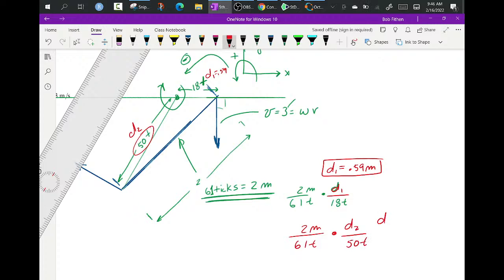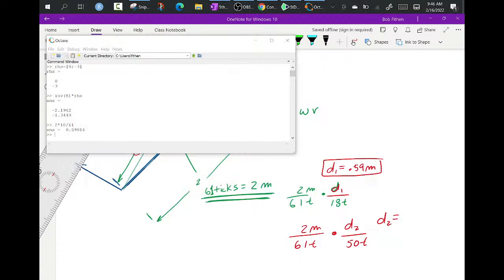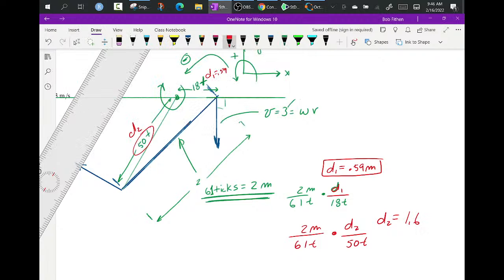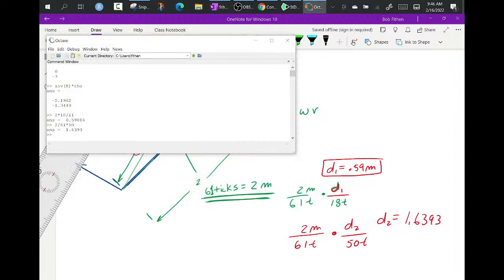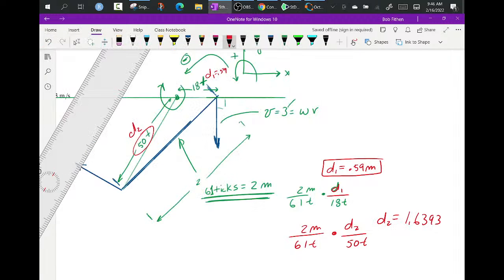Tells me that distance 2 would be 2 times 50 over 61, which gets me about 1.6393, if I saw that correctly. Now, this is number of meters.